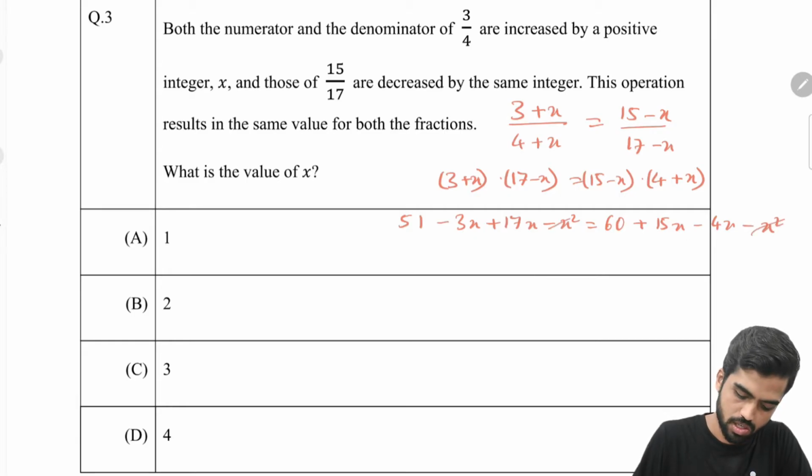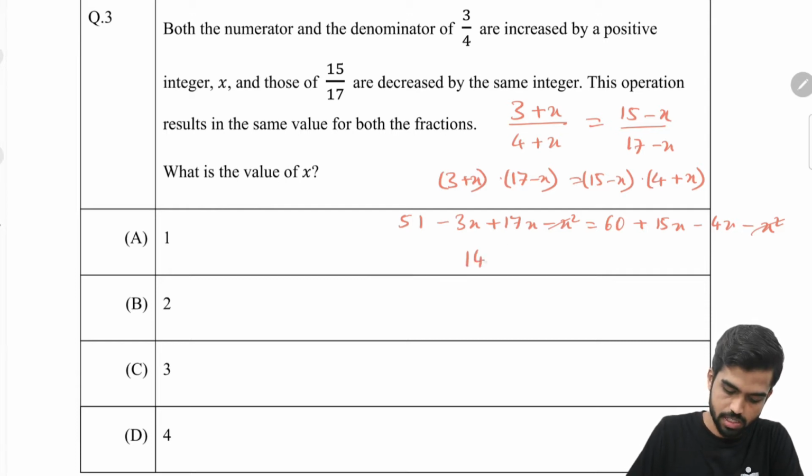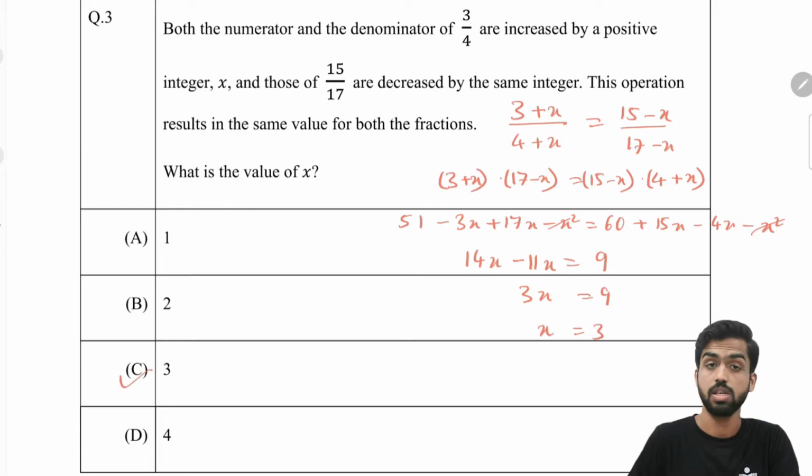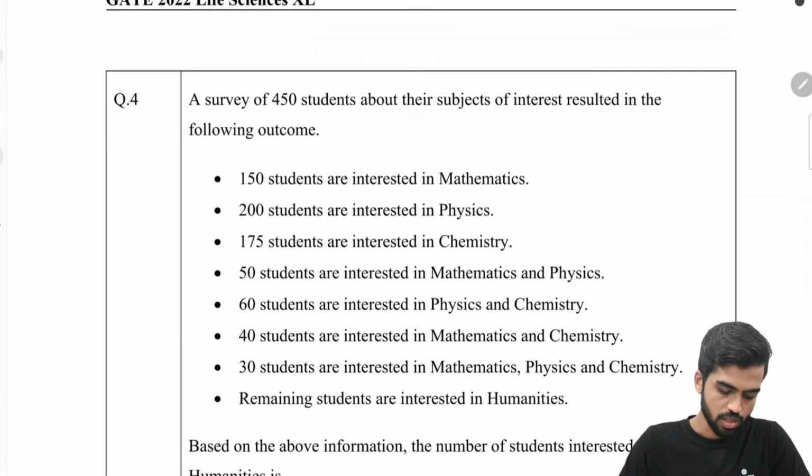So x square will go, and 17x minus 3x will be 14x is equal to 60 minus 51 will be 9, and 15x minus 4x will be 11x. Coming this side, this will be minus 11x. So 3x equals 9, x will be equal to 3. So obviously C is the answer. Easy. Moving on to the next question.